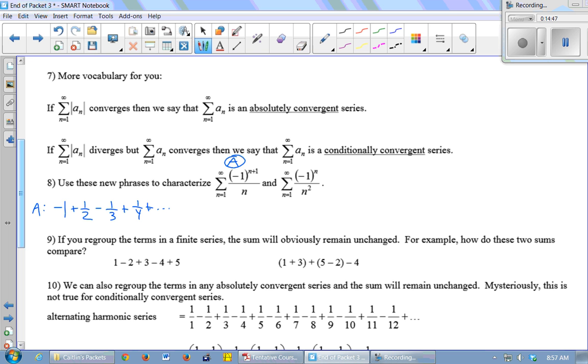So this sum converges, but when you take the absolute value of every term, does that sum converge? No. 1 plus a half plus a third plus a fourth, that diverges. So this is a conditionally convergent sum. It does converge, but its absolute value does not. So this is called conditionally convergent.